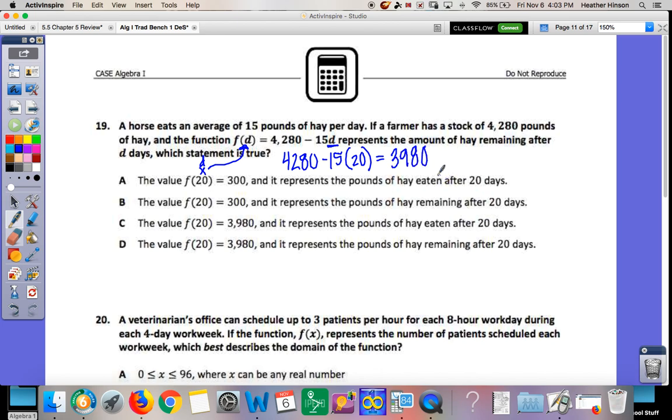So our answer is 3980, so we know it's not A and B. But is it the amount of hay eaten after 20 days or remaining after 20 days? What does the problem say? It says the function represents the amount of hay remaining after D days. So it's remaining. It's D.